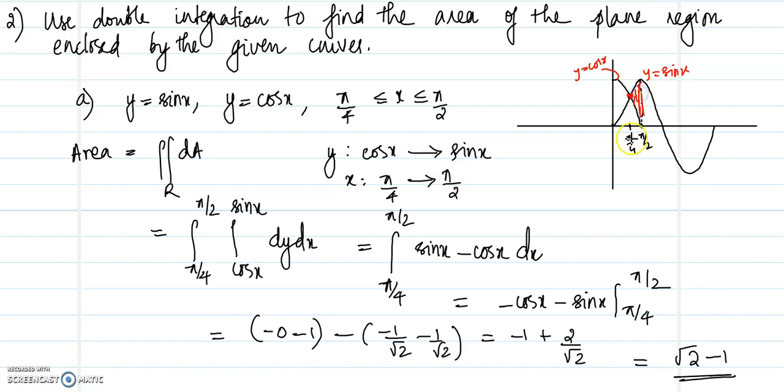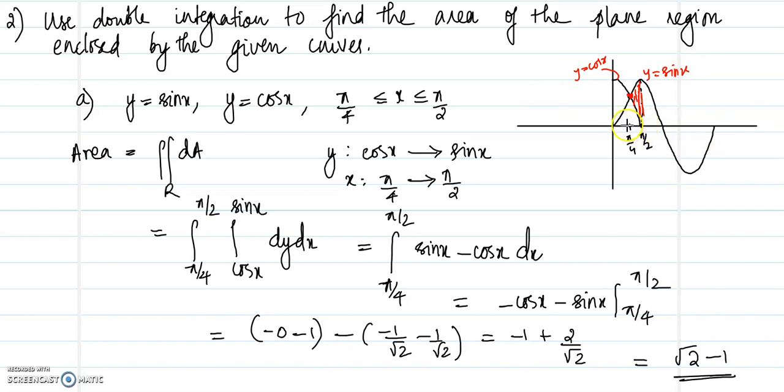So we need to find the area of this. Now let us take the vertical lines. You can see that y is varying from cos x to sin x, and x is varying from pi by 4 to pi by 2.